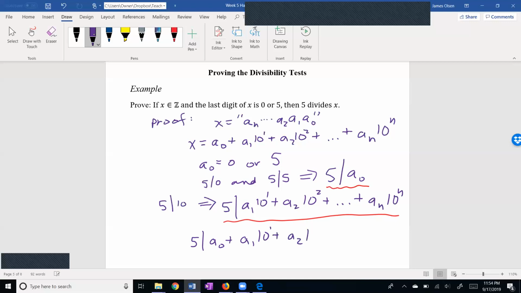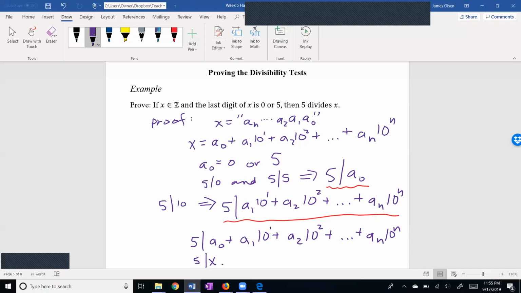A very simple linear combination. But this linear combination is x. 5 divides x. And this is my conclusion of the theorem.